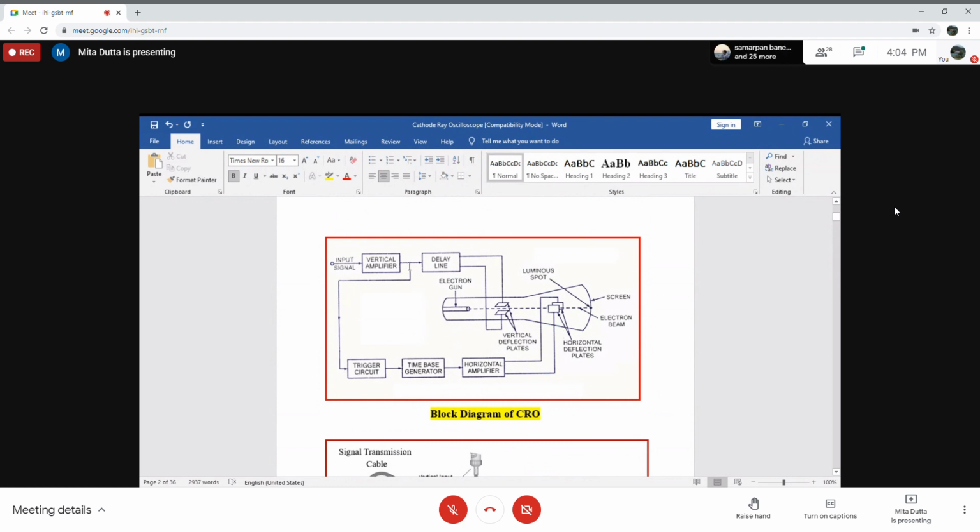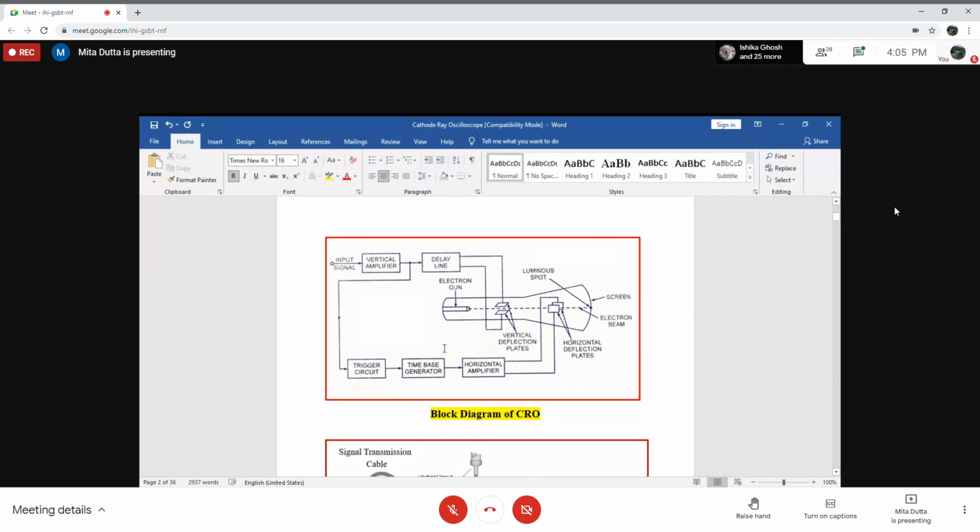If we don't have a delay line here, the signal will come directly to the vertical deflecting plates. So if there is a signal present at the vertical deflecting plates and we have a delayed signal over here, we couldn't see any signal displayed during that interval of time.